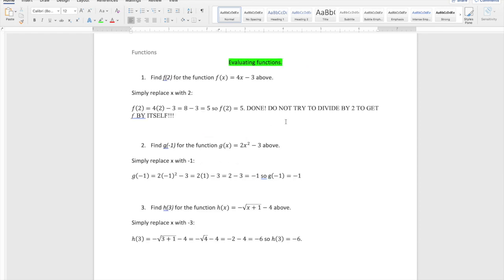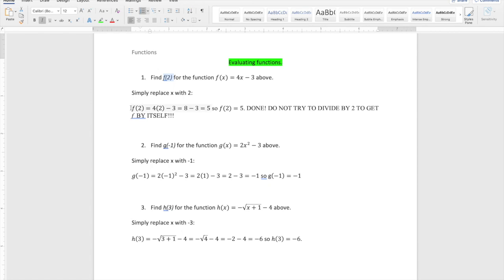When a function is given to you in function notation, you may be asked to evaluate that function. So the question will provide a function in function notation, and it will say find f of 2 for that same function. What it's asking you to do is to simply replace x with 2 inside of that equation.